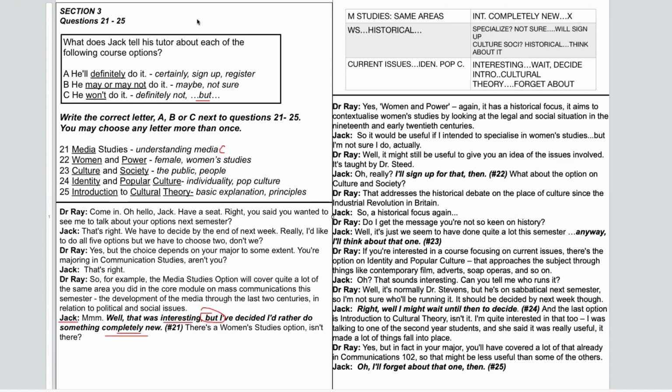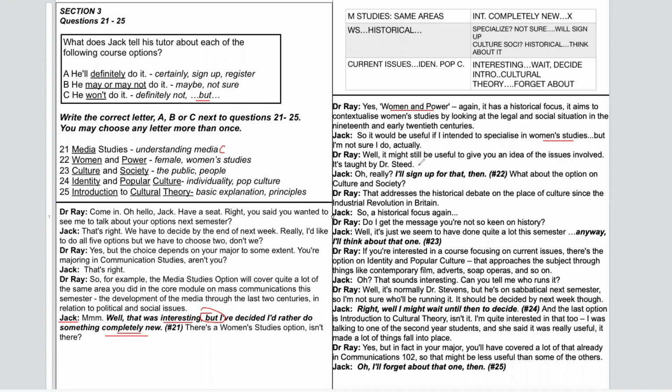Now, women and power. In the listening, we saw women's studies here. So she says that it's women and power. But Jack says, so it would be useful if I intended to specialize in women's studies, but I'm not sure I do. And here we go again with this idea. This seems like it might be C. He won't do it.